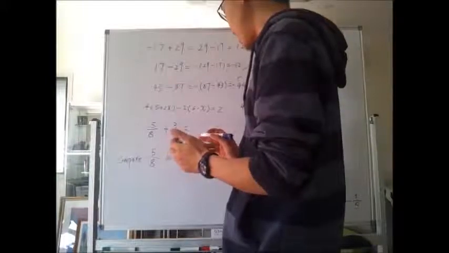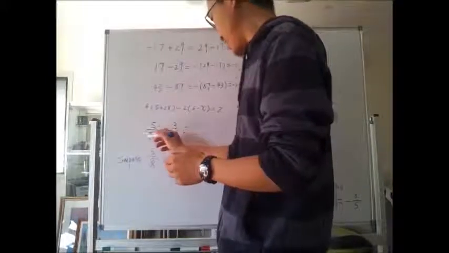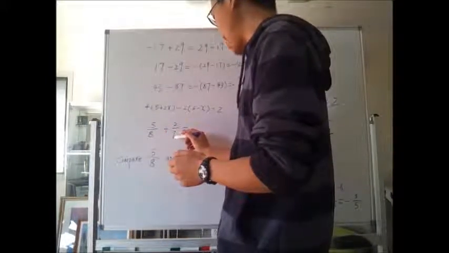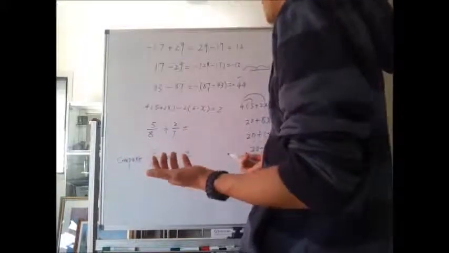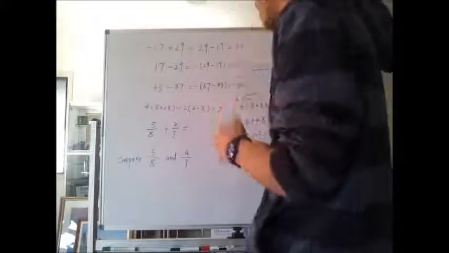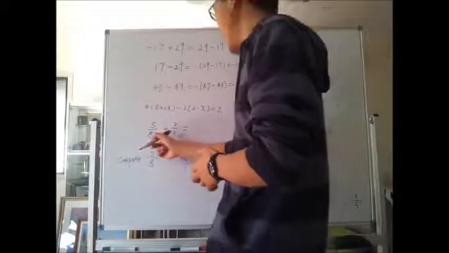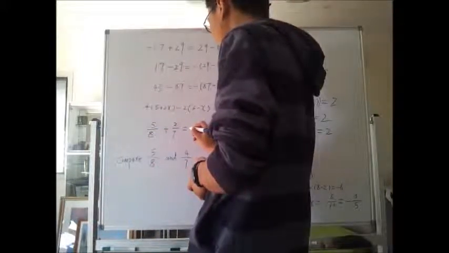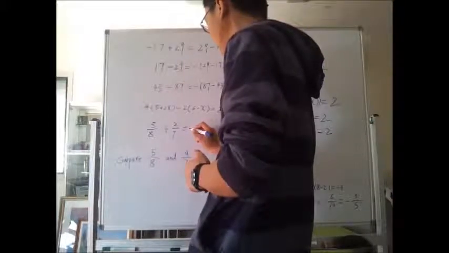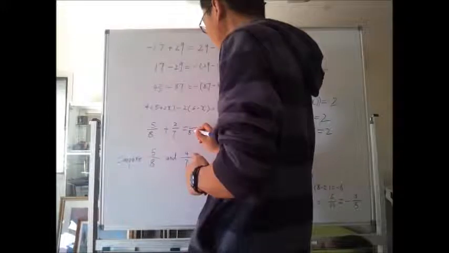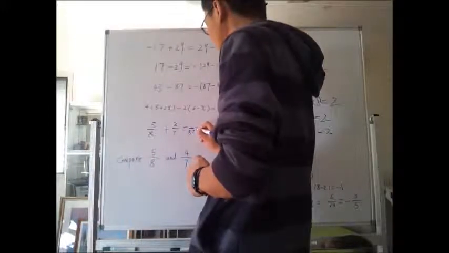The easiest way to find the common denominator is that use the denominator of this one times the denominator of that one. So the result certainly will give you a common denominator of both of them. So in this case, the common denominator we found is 8 times 7.